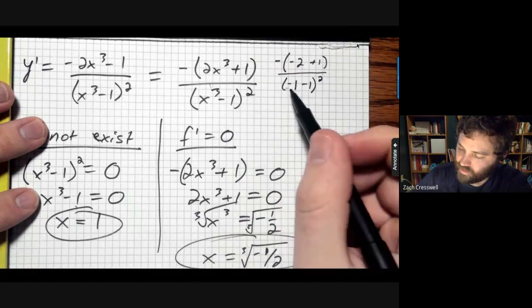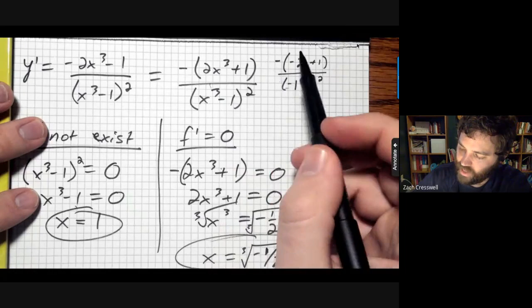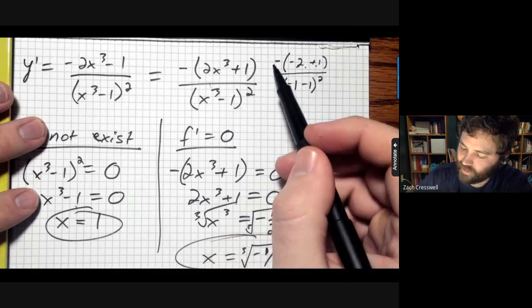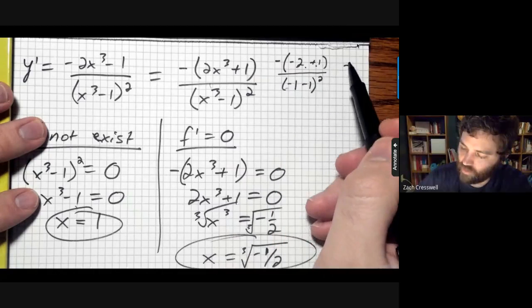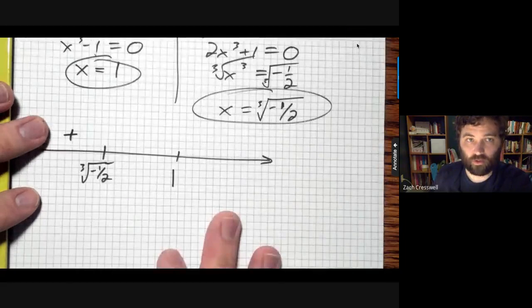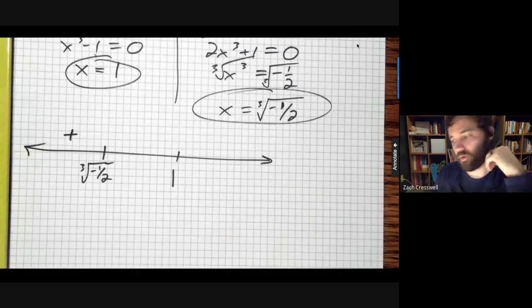The bottom is going to be positive, so we can sort of ignore that. The top, though, this will be negative 1 inside. Negative 1 is positive 1, so we have positive over a positive. That would be positive. Questions there?